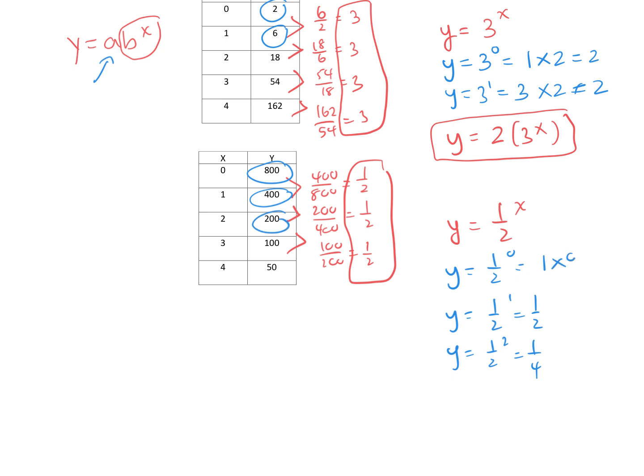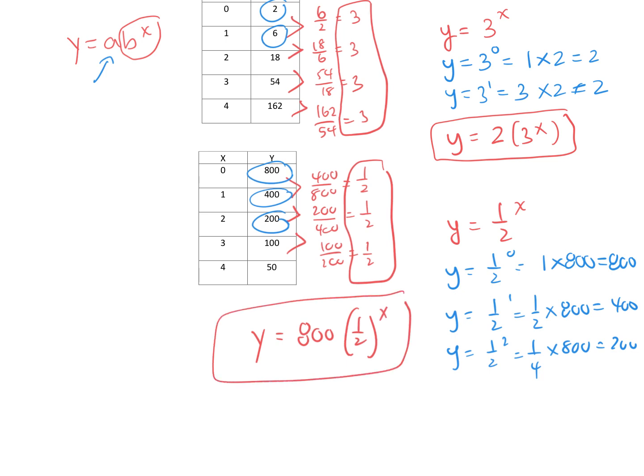So if I multiply each term by 800, I get 800, 400, and 200. So after we do 1/2 to the x, we have to multiply the values by 800, and that is my final equation. So do your common ratio first, and then after that you can figure out whether you have to multiply by a value.